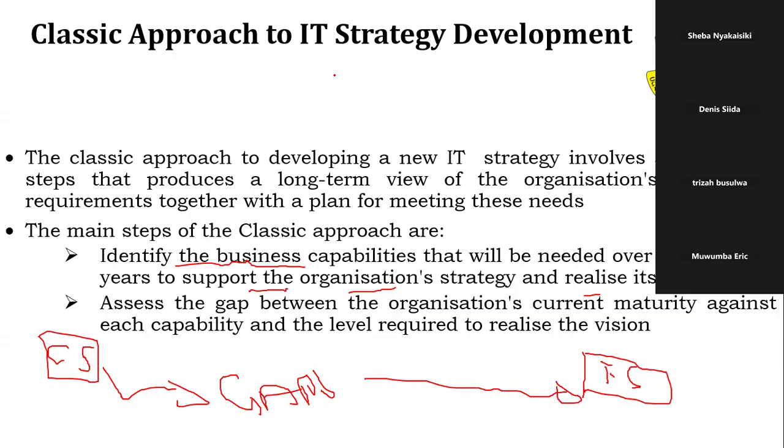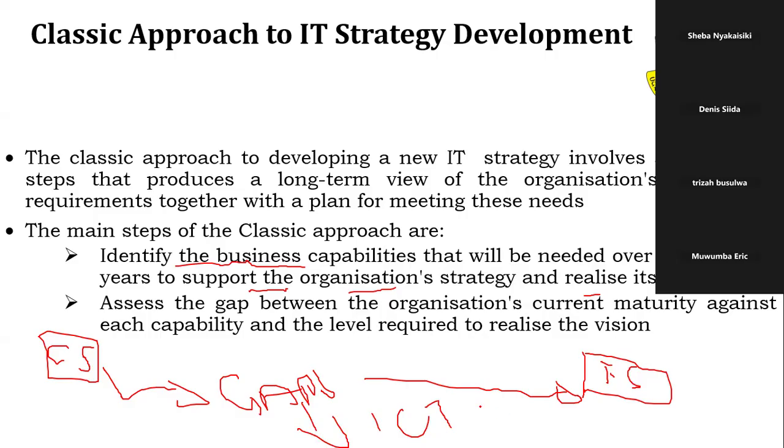So the IT strategy is now targeting these gaps and saying, where can we come in to support this organization to get where it needs to be? And this is what the ICT strategy becomes.